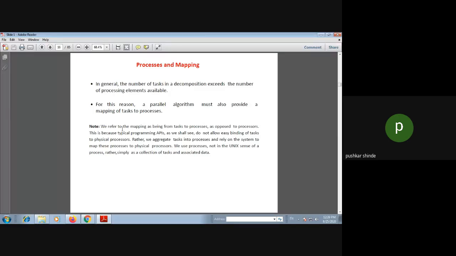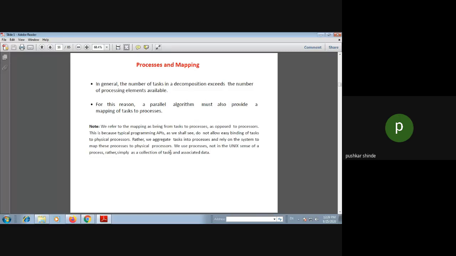So rather we aggregate tasks into processes and rely on the system to map these processes to physical processors. Tasks are collected together into a process, and those processes are mapped to the processors.